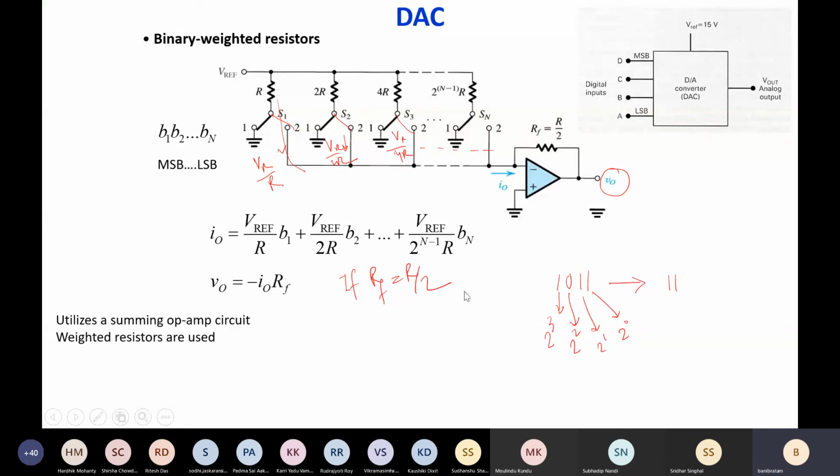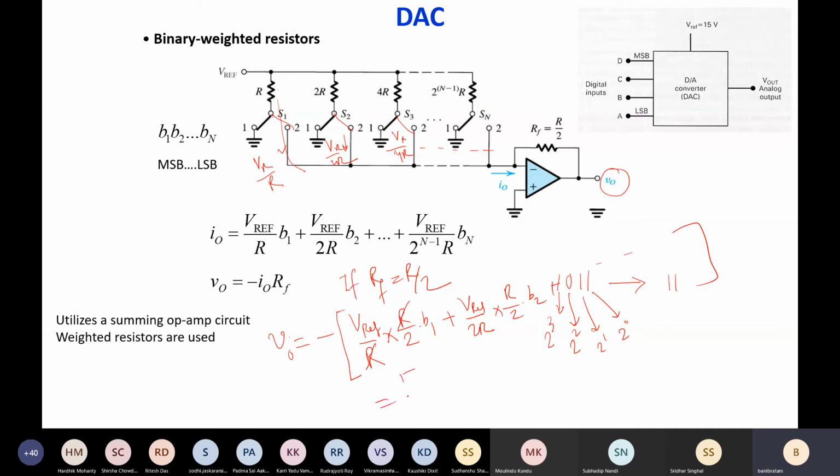So if you consider Rf equal to R by 2, the output voltage you will get is simply minus of this I0 into Rf. So basically this Vref by R into R by 2 into B1, plus Vref by 2R into R by 2 into B2, and so on like this. So that corresponds to how much?